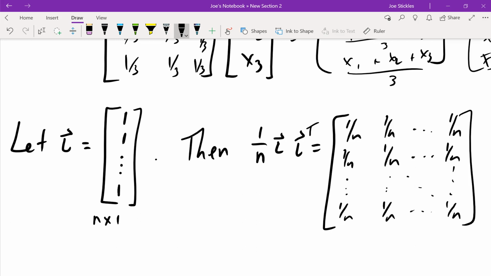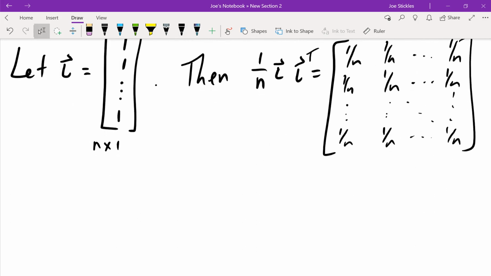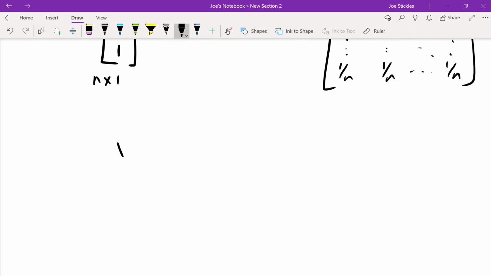So one thing that I want to notice is, let's just do x because I've already been using x's. Let's say I want to do x1 and subtract the mean. So that would be x1 minus (x1 plus x2 plus x3) over 3.